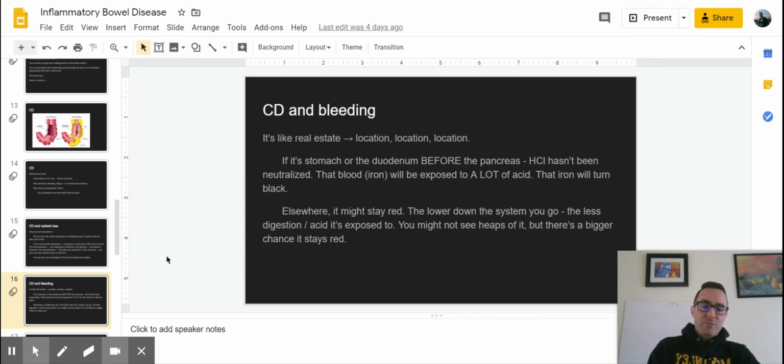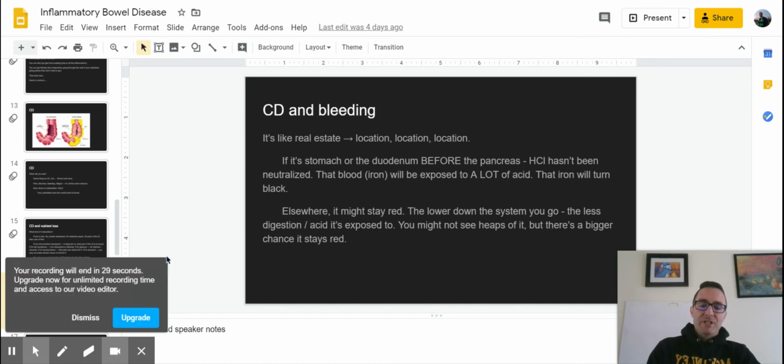If it's any part of the small intestines after that, or you have Crohn's disease in your large intestines, if it's a really slow trickle of the bleed, you may not see much because it's going to be mixed in there with all of your food stuff. But there's a chance, if it's far enough down, you may actually see red blood. So it depends. If it's duodenum north of the pancreas, it's probably going to be black because there's been too much acid. If it's south of the pancreas, you may very well see red blood.